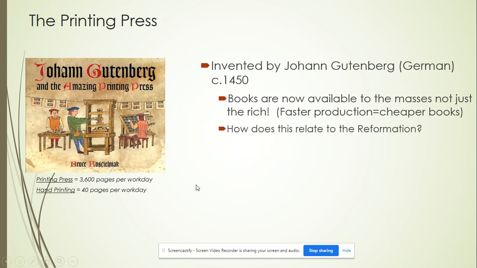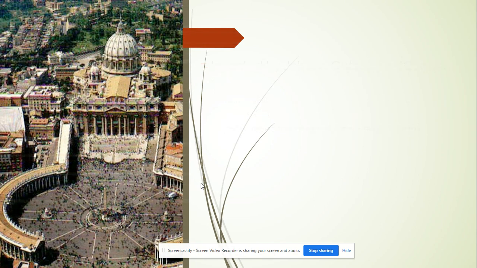So how does it relate to the Reformation? Of course, Martin Luther's teachings are widely disseminated pretty rapidly in the early 16th century, and he gains a lot of followers because of that. And not just Luther, but all of the others who we're going to talk about as well. All of these Protestant reformers are able to utilize the printing press and the now increasing literacy of the masses to spread their teachings.